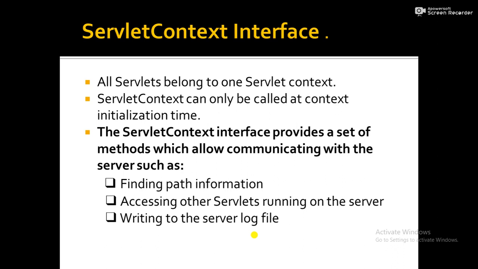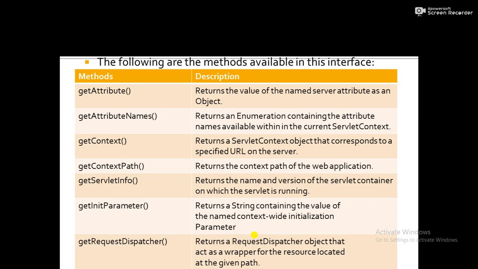ServletContext allows applications to load servlets and filters at runtime as needed. Here are some of the methods in the ServletContext interface. The first method is getAttribute. It returns the value of a named server attribute as an object.